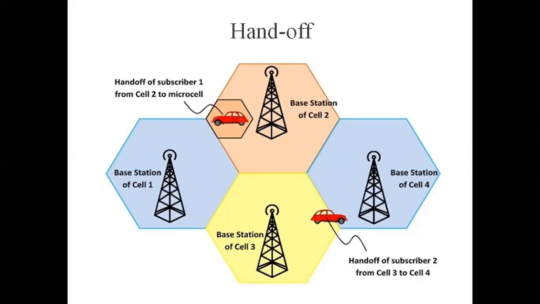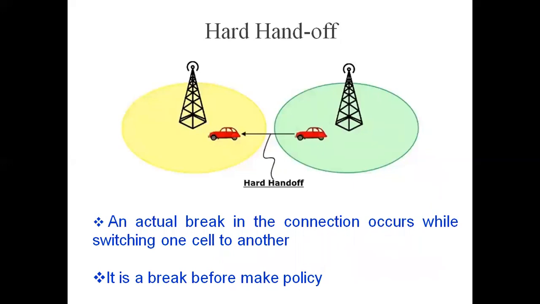Now, we would like to draw your attention to the types of handoff. We have two types of handoffs. One is hard handoff, another is soft handoff. What is hard handoff?